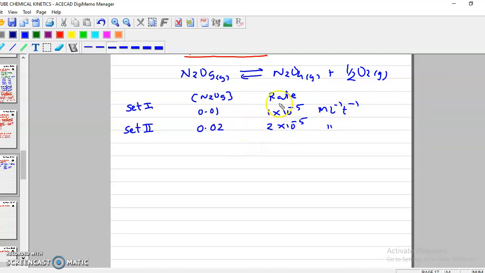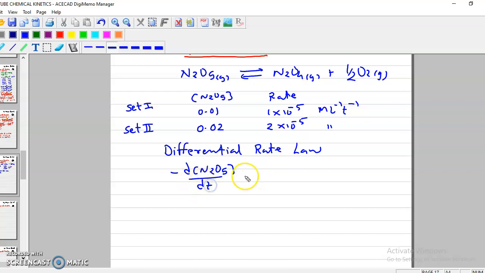Now you can see that the rate does not remain the same if you change the concentration or moles of reactant. That means for this reaction, if you write the differential rate law, where X will be the order of reaction of N2O5, it cannot be 0, because the rate of reaction changes due to the change in concentration or number of moles of N2O5.